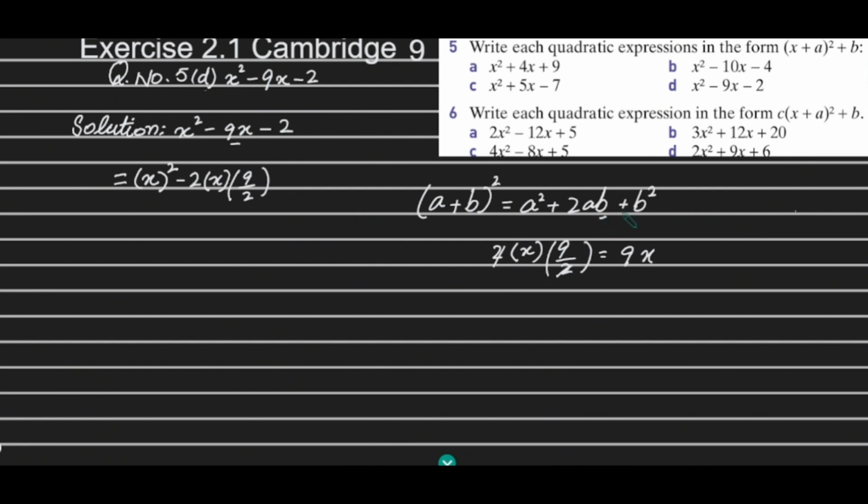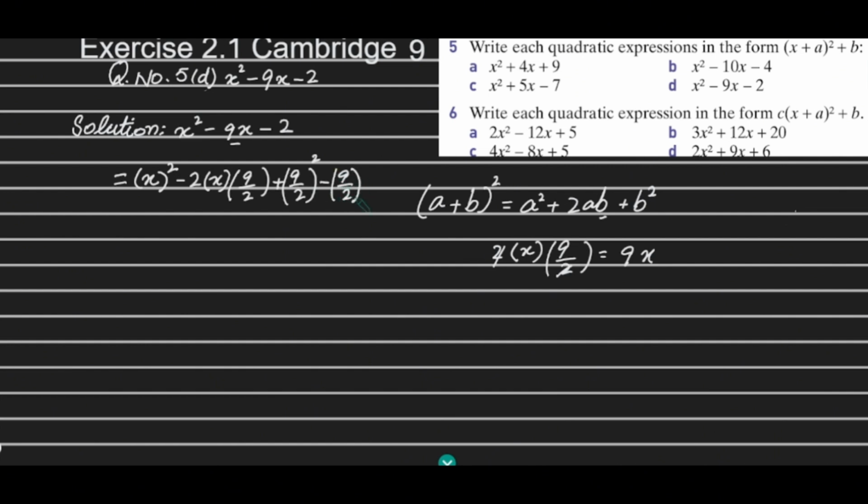So next we have to write the square of b, I mean the second term. Here the second term is 9 by 2. This is named b. So we add (9 by 2) squared. It will become plus b squared. As we add it, we also subtract it: (9 by 2) squared.